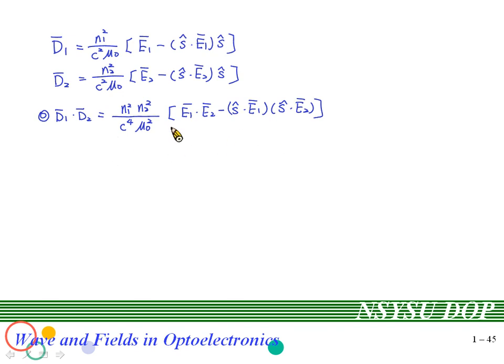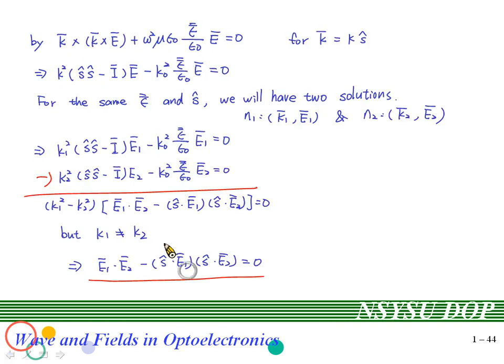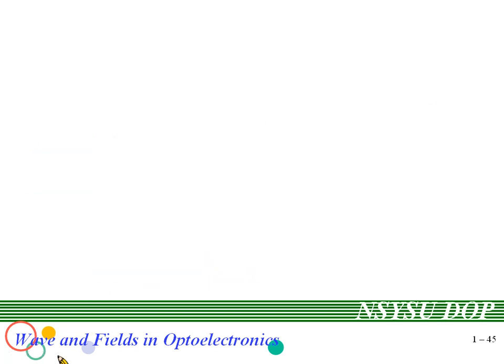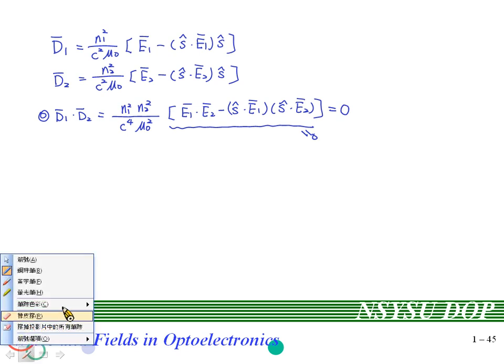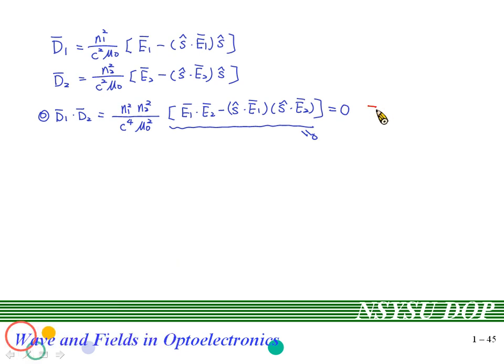And clearly you see a very familiar term which was placed in the previous slide, which tells you that this one is 0. So since this one is 0, we can know that D1 dot D2 will be 0 too. So we can have a conclusion that D1 is normal to D2.